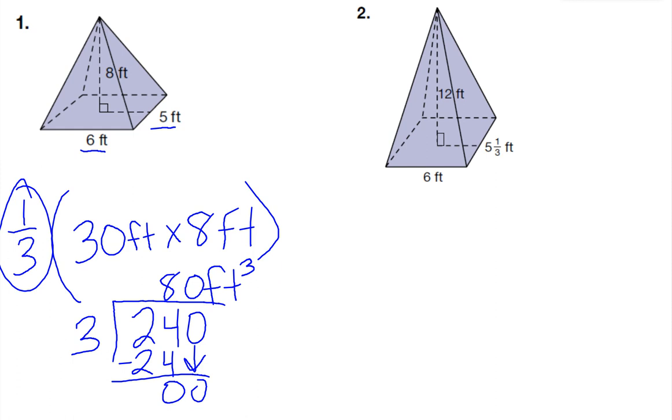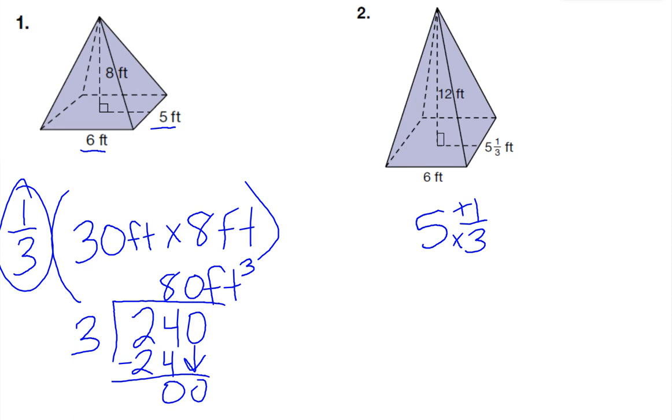Okay. So you can do the same thing on this one. We have a fraction, but we would just do 5 times 5 1/3 times 6. If you remember, we take 5 1/3, we make this an improper fraction. 5 times 3 is 15, plus 1 is 16.